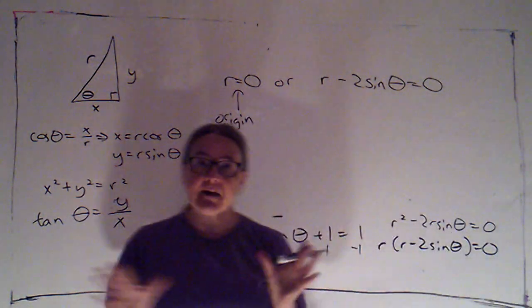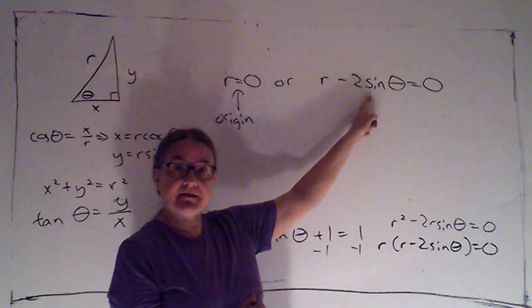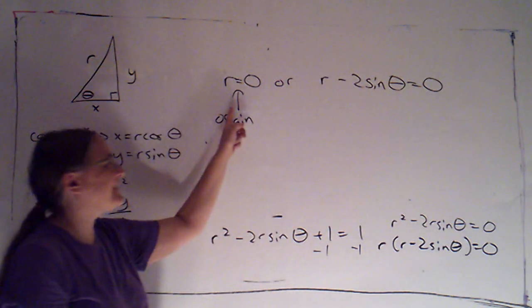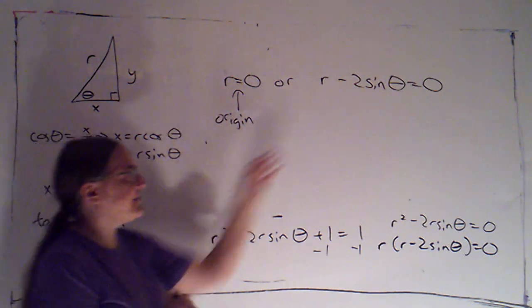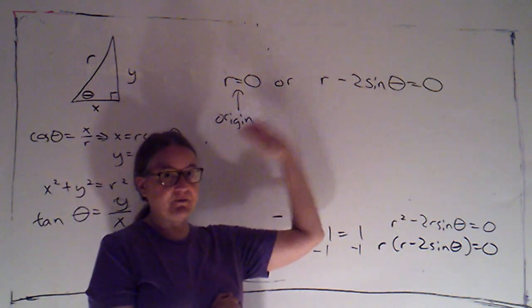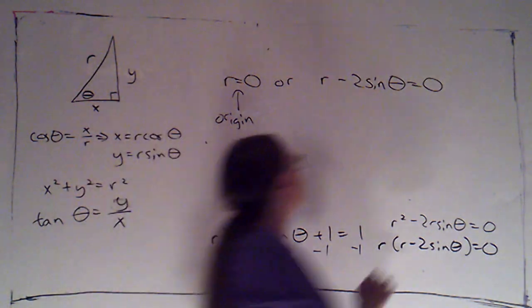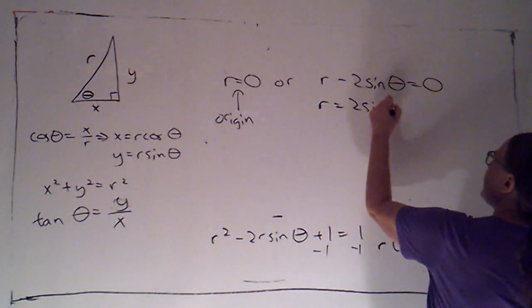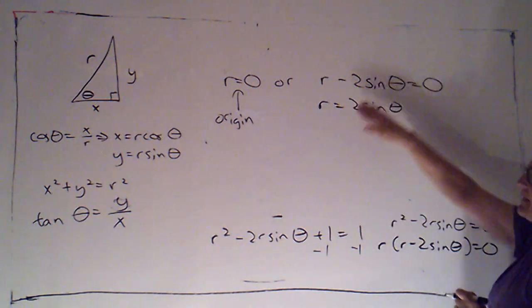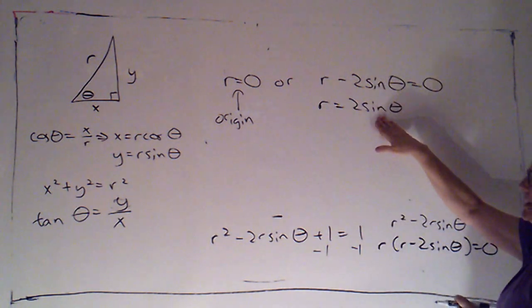If that point is on the graph of this equation, then it's not necessary to write that. If that's not on the graph of this equation, then I have to include both options. Okay. So let's see. This I could manipulate to be r equals 2 sine theta, just adding that over. That puts it in the form that I wanted.